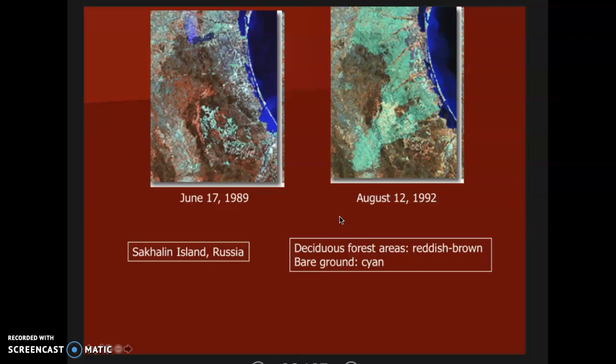Well, that's a good guess, but if you look at the shape of this cyan area, you can see it's pretty jagged and curved. It isn't even. There's no cultural pattern to this cyan area. So that tells you perhaps it's more of a natural change, or quote unquote natural, rather than a human change or cultural change.